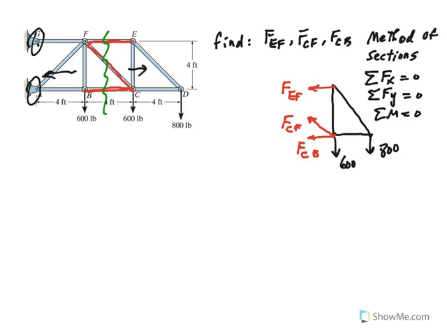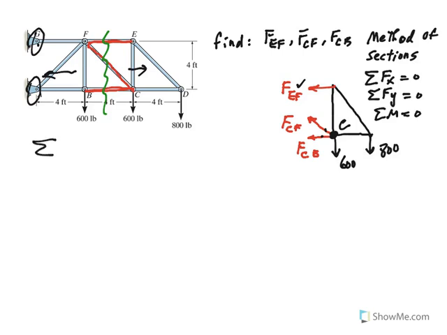The way we approach this with method of sections is to use your moment equation as many times as possible. You could take moments about different points. So where is a good point to take moments to find one of these unknowns? For example, to find the force in member EF, take moment about a point like C, where these 2 unknowns are acting, so they are eliminated.